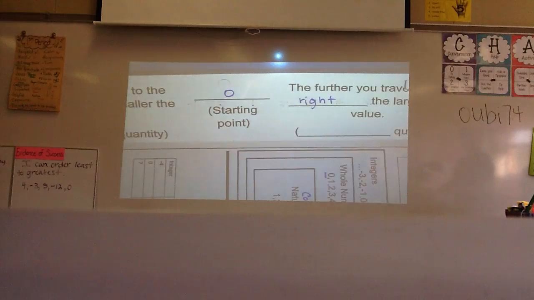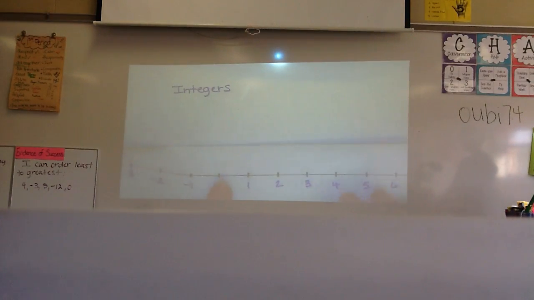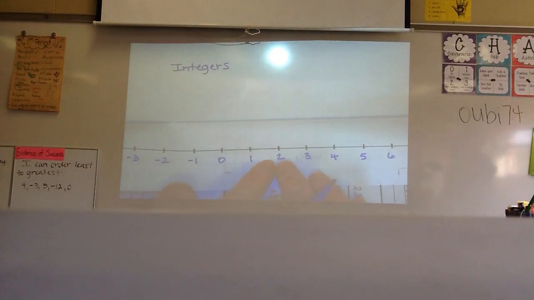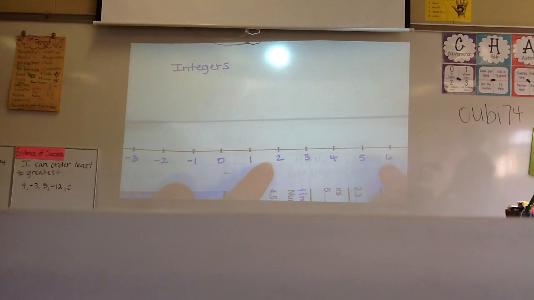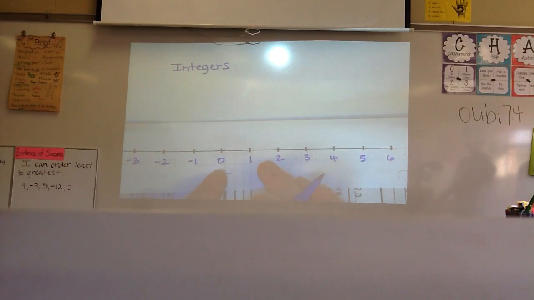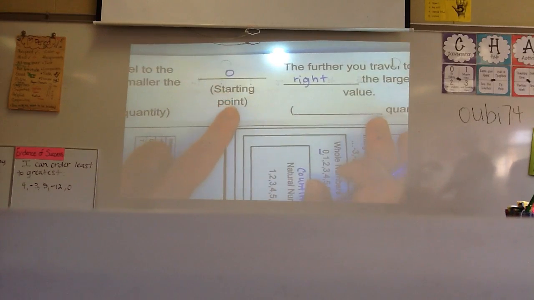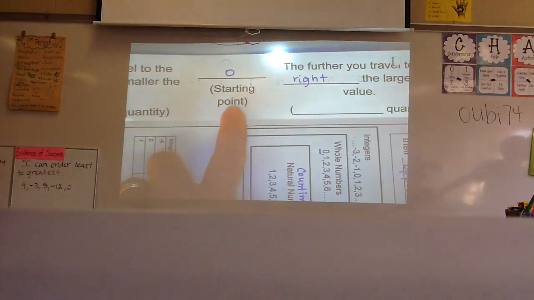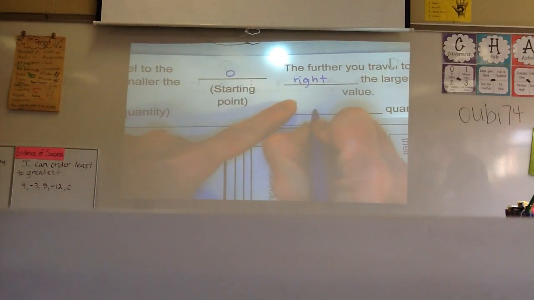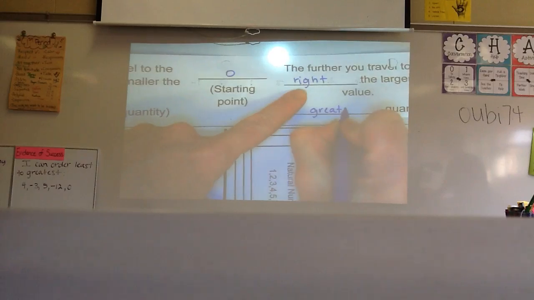Right? So the more you go to the right, you look back at your number line. If I'm going to the right this direction, I can see that this number over here on the right, 6, is going to be bigger than all the numbers on this side. So it is called the greater quantity. Those numbers on the right are the greater quantity.